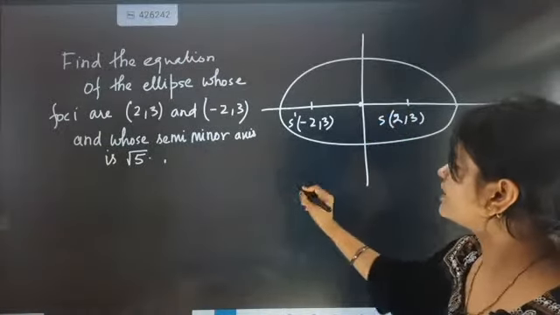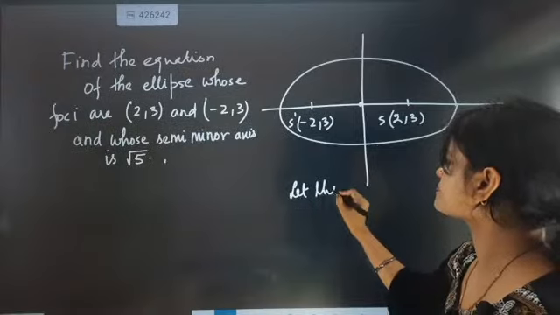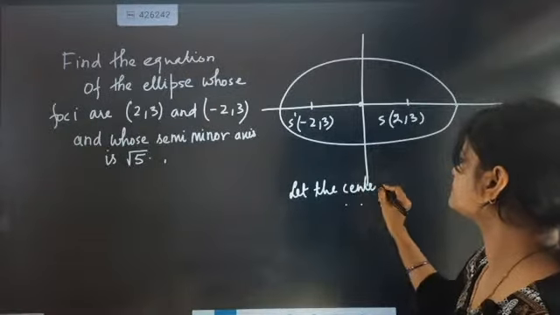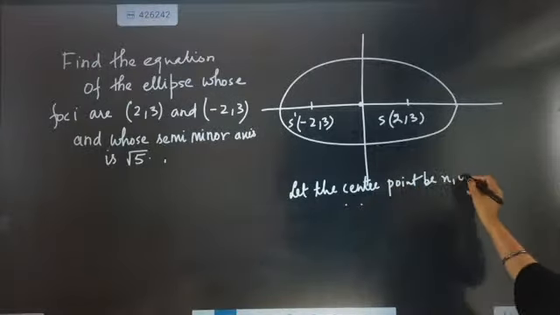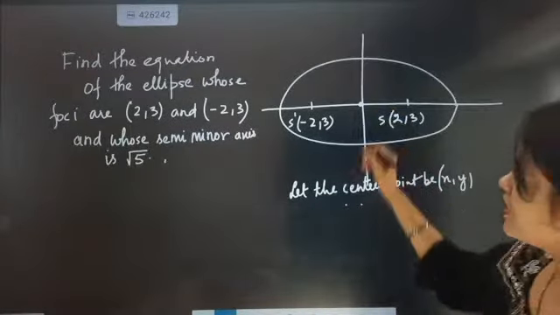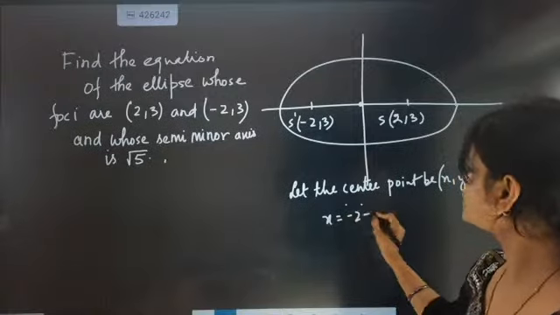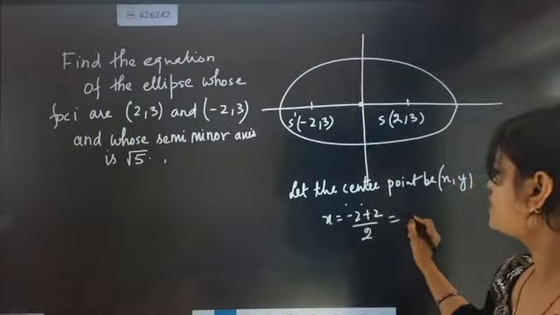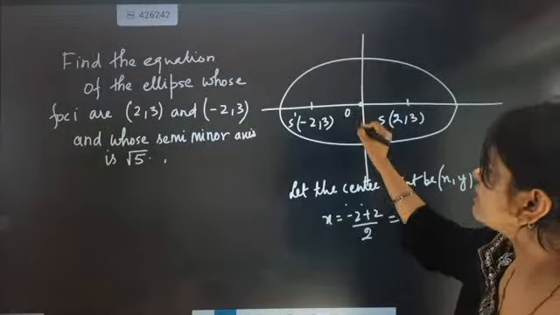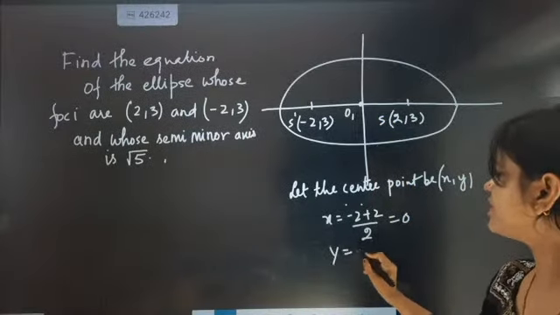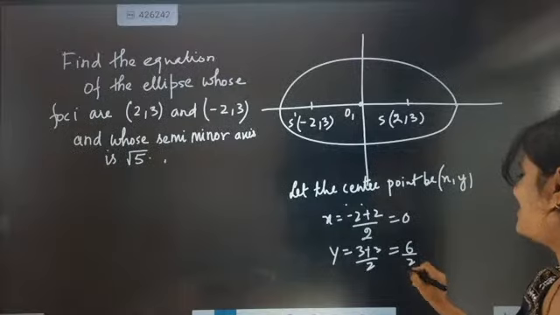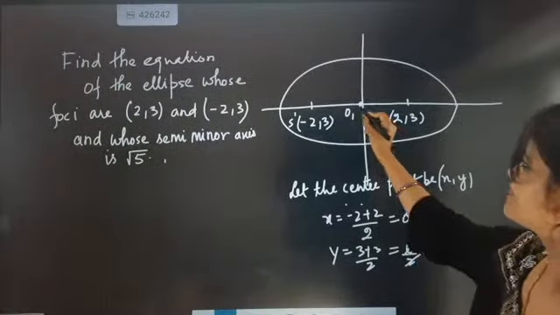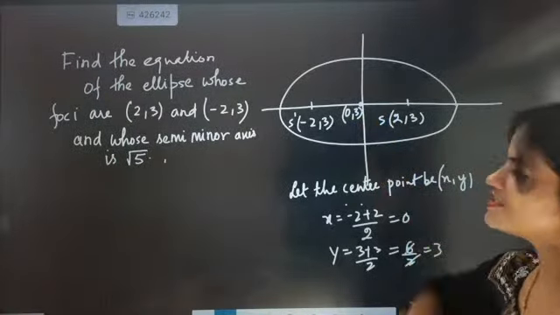So let the center point be found. x equals minus 2 plus 2 divided by 2, which is 0, so the center x is 0, and y is 3 plus 3 divided by 2, that is 6 by 2 equal to 3. So we got the center point.